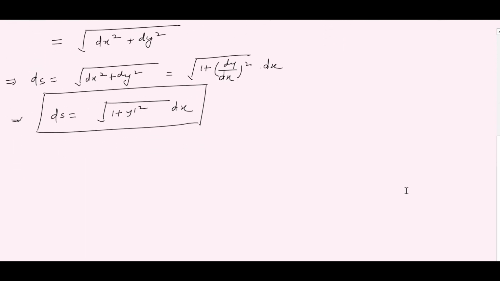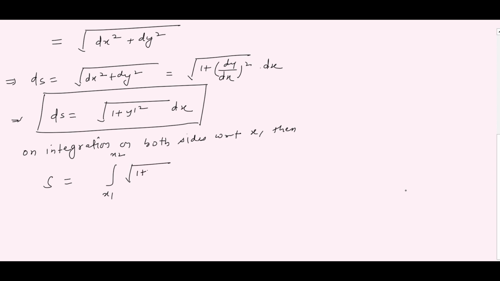So now further, on integration on both sides with respect to x, the total length S will be the integral from the initial point x1 to x2 of the square root of 1 plus y dash square dx.